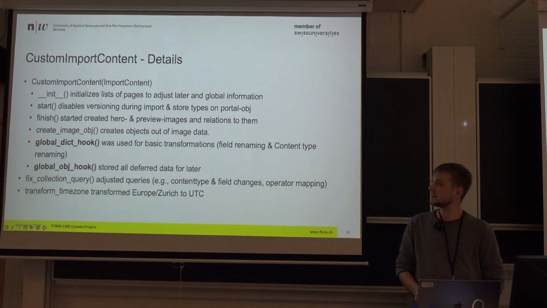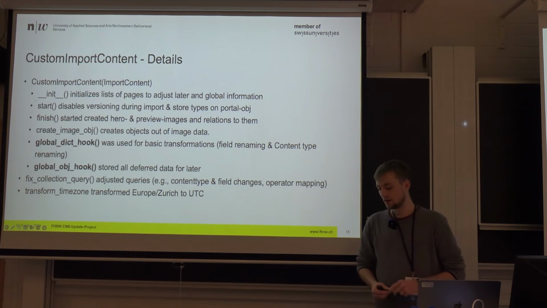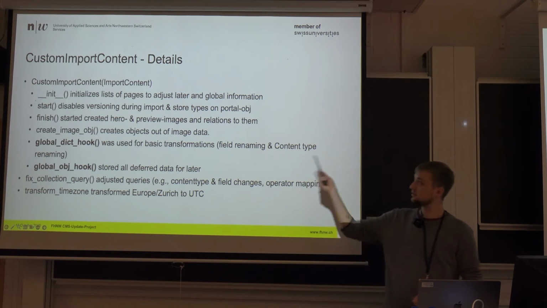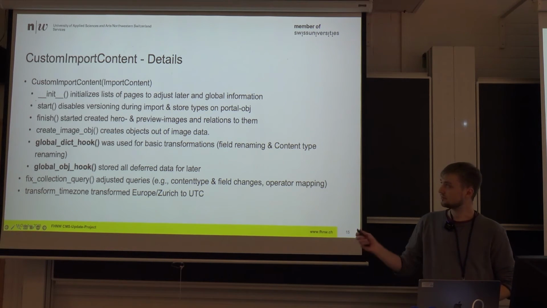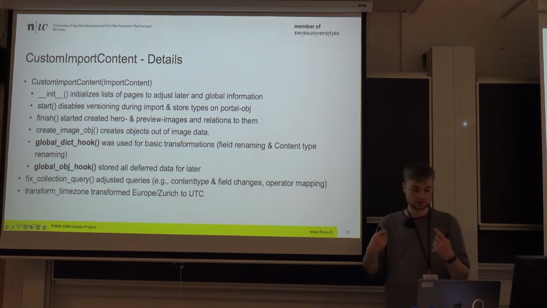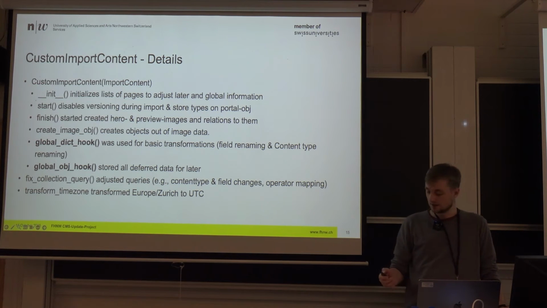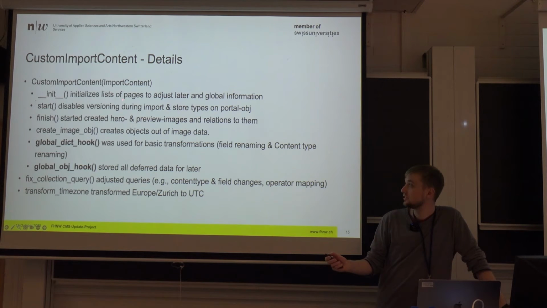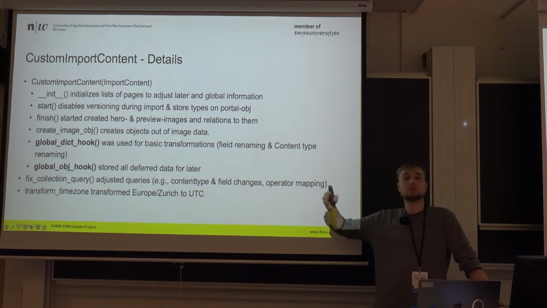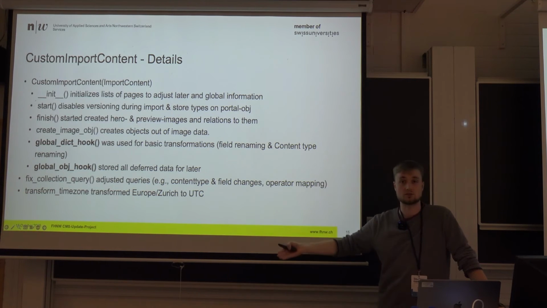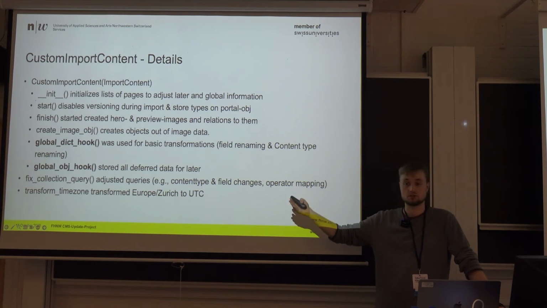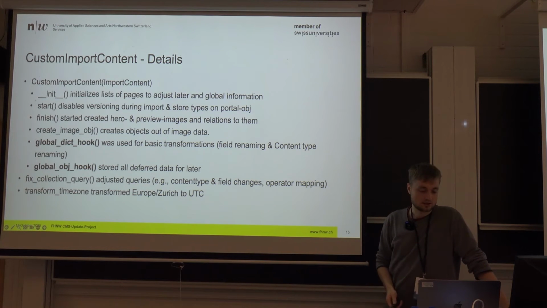Now, let's dive a bit more into the details. In the import all, we had the custom import content, right? Let's look at how we used our custom implementation. In the init, we just initialized global lists of pages which we have to adjust later, probably in the fixall. Then we have the start.